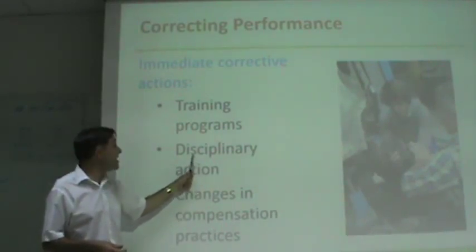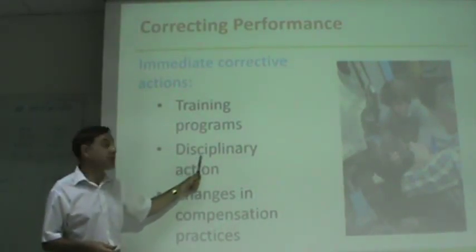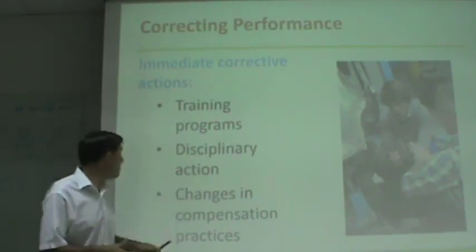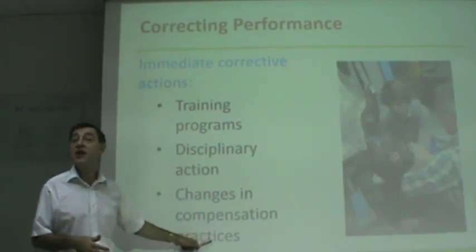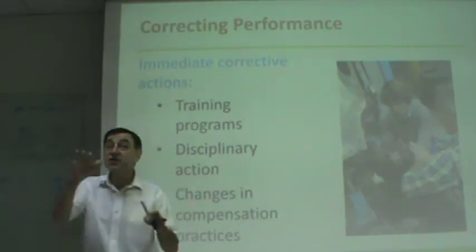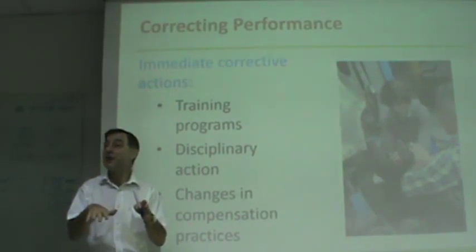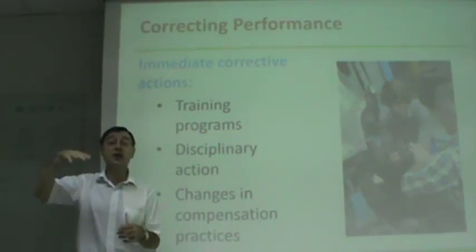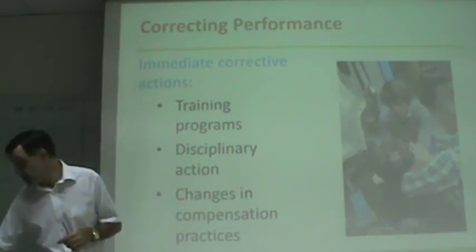Number two is disciplinary action. You try to discipline them, okay? And number three is changes in compensation. If someone is very, very slow, you just give them lower salary and say when you start serving more customers, we're going to increase your salary.